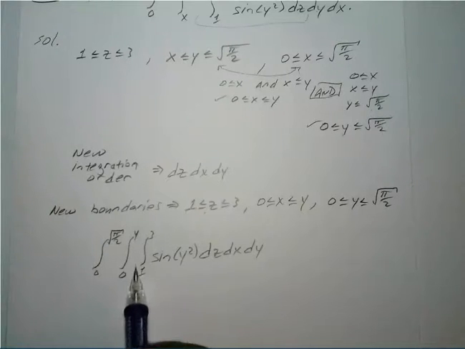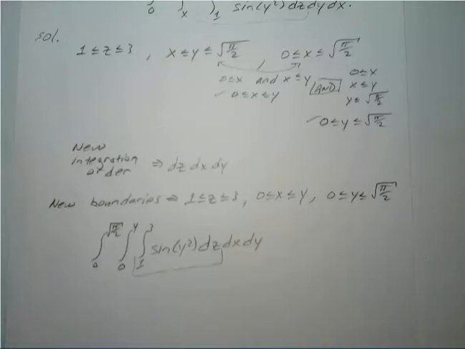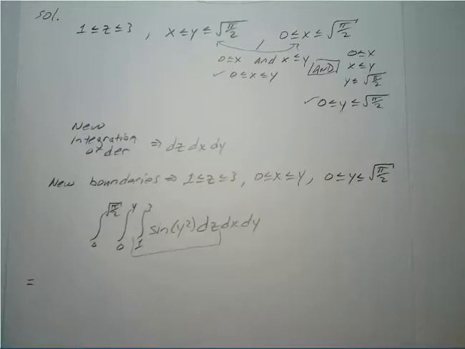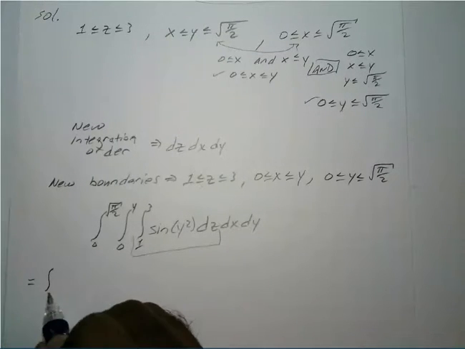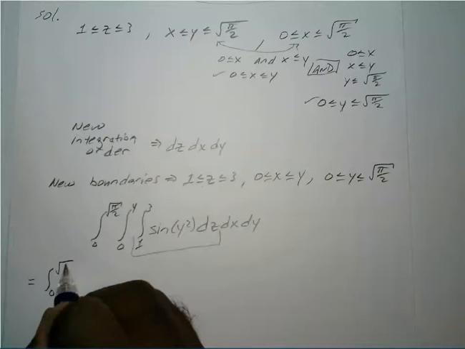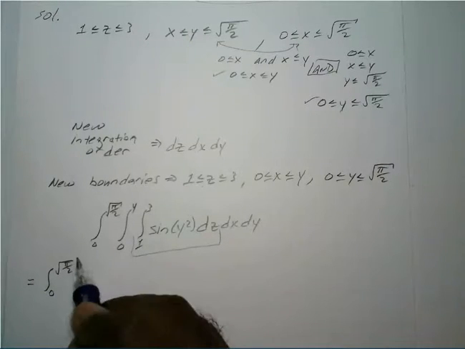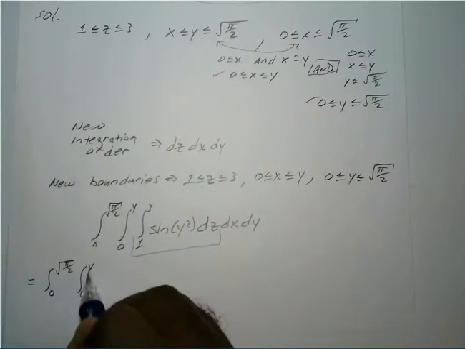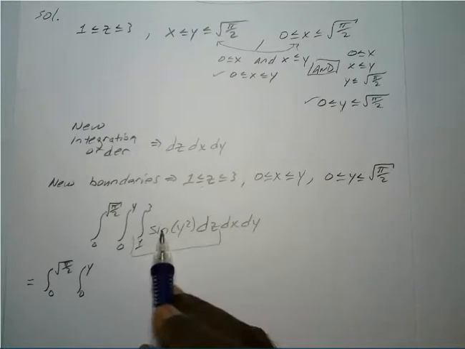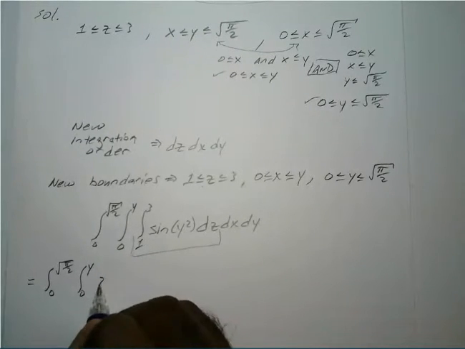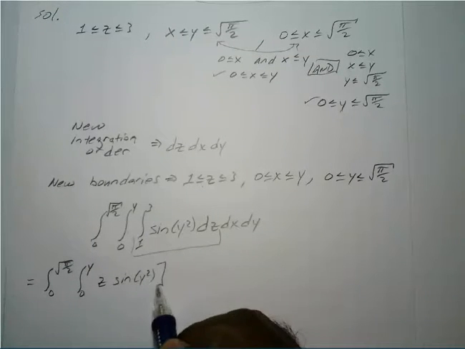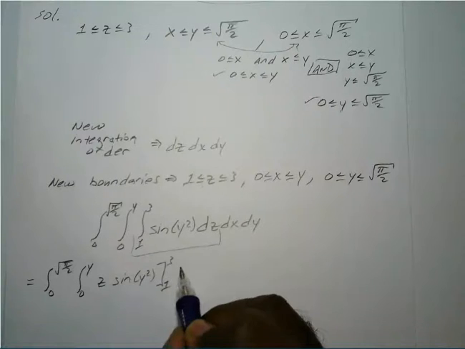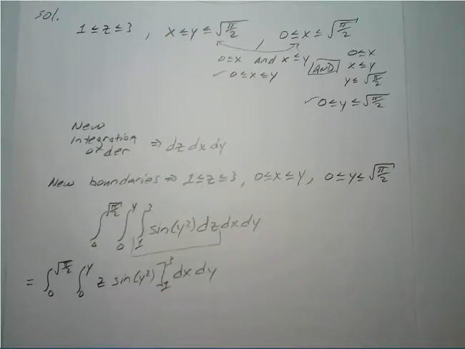Okay, so once again, we start at the center. Because we only changed these last two, we'll get the same thing we got on the previous attempt, but we'll still go through the steps. Remember, that will be z sine y squared, and that's from 1 to 3 dx dy.